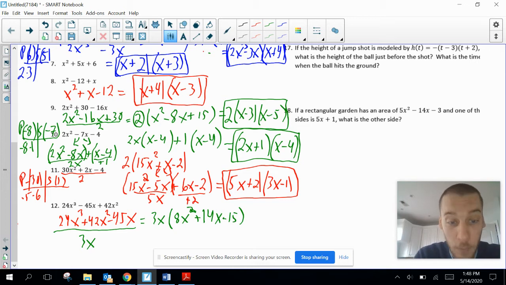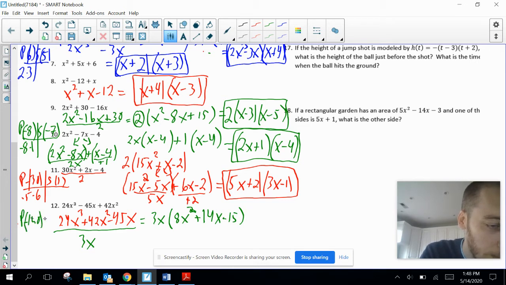So now my product is 8 times -15. Your boy's busting out a calculator. No, y'all got calculators at home. So 8 times 15. We need a product of -120, and a sum of my middle term, which is 14.